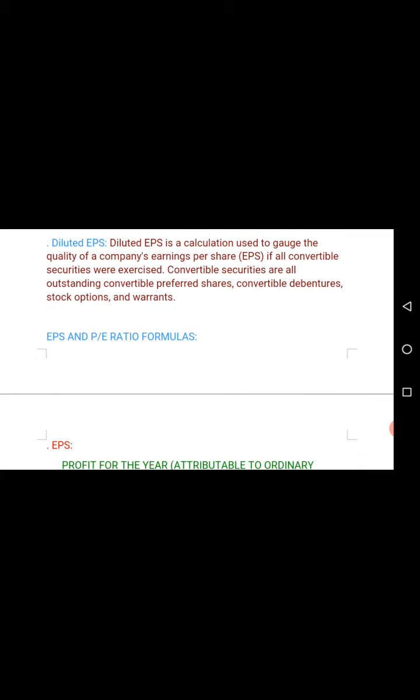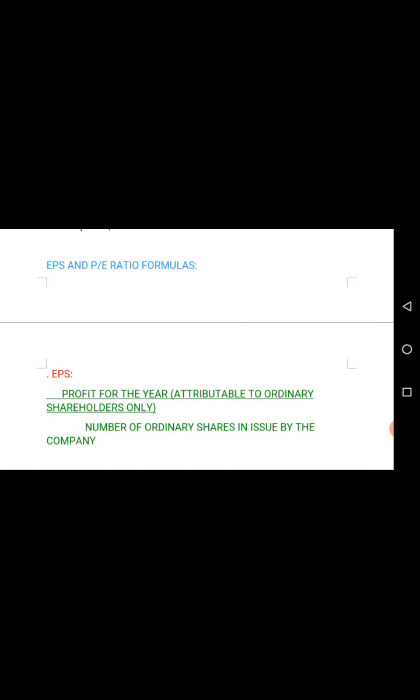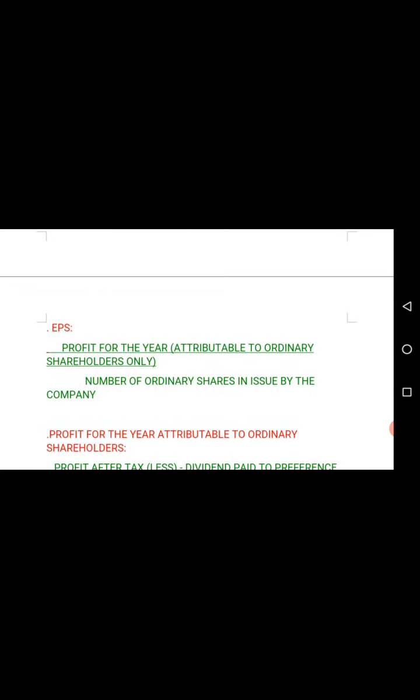Now we'll go over to EPS and price earning ratio formulas. The first is the EPS formula, and the EPS formula is here. Profit for the year, that is the profit attributable to ordinary shareholders, and that profit is the profit after tax less payments of preference dividends to preference shareholders.